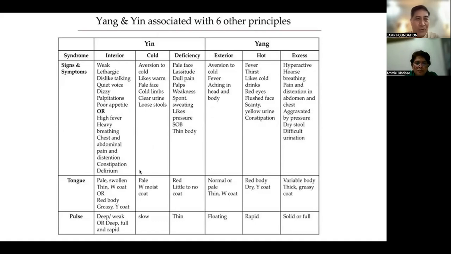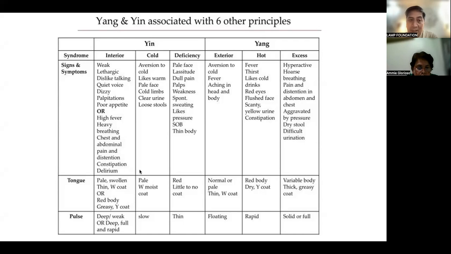So let's go to the tongue. You just have to read that. Do you promise to internalize everything? You don't really have to memorize the symptoms, you just have to analyze. Look how beautiful this is: when the tongue is pale and swollen with a thin white coat, it's normal.